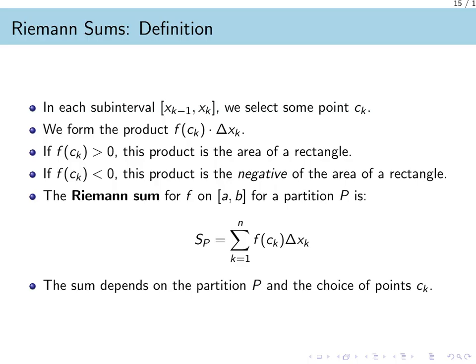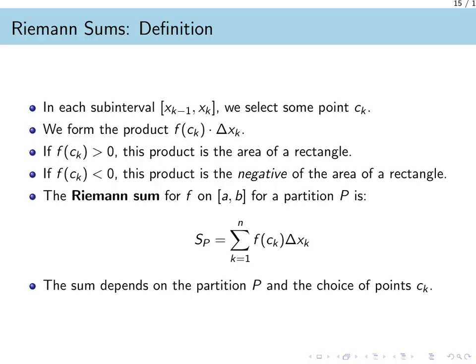Let us now formalize our area approximation by defining a special kind of sum. This sum, called a Riemann sum, is the foundation for the concept of the definite integral. First, recall that for each subinterval we choose a sample point, which we call c sub k.